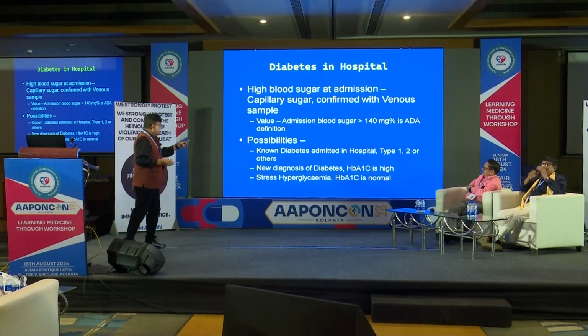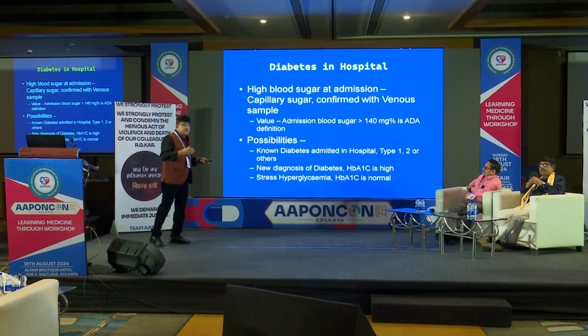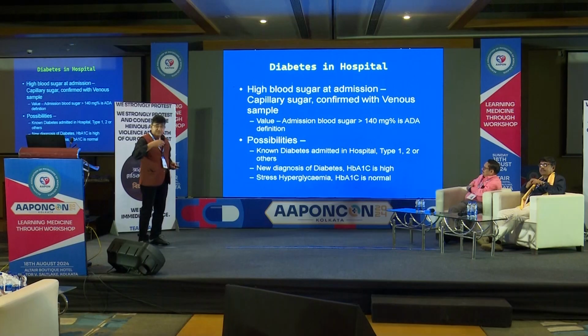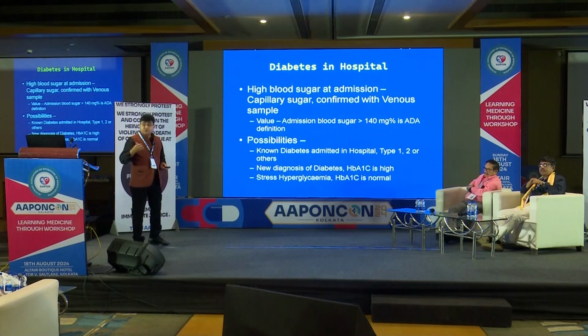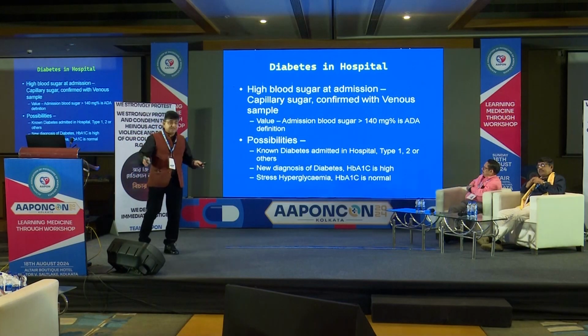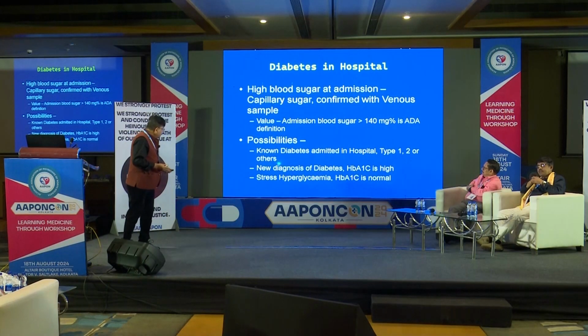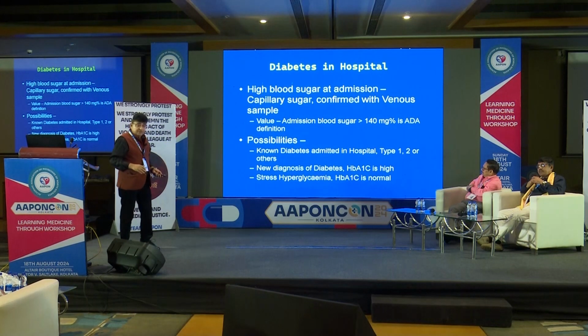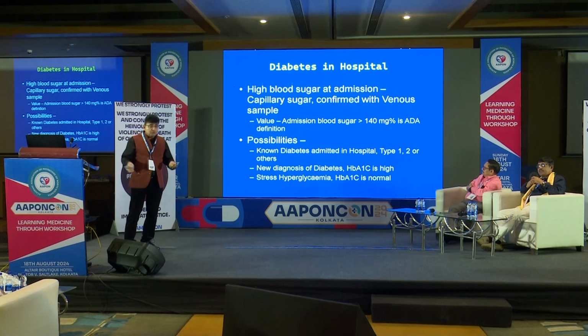So when you encounter such a report, what are the possibilities? The possibilities could be a patient of diabetes who could be admitted to your hospital. That patient could be type 1, type 2, or any other type. And this could be a newly diagnosed diabetes. Your patient was not known to have diabetes.